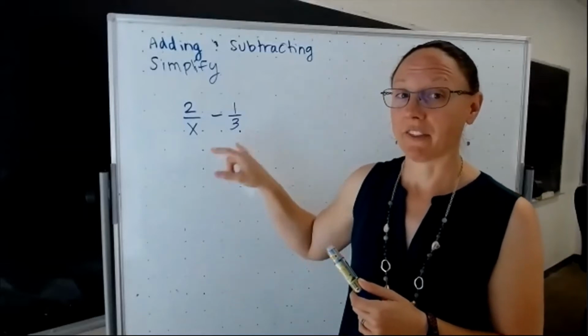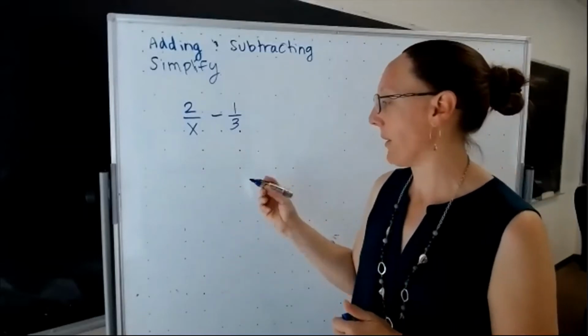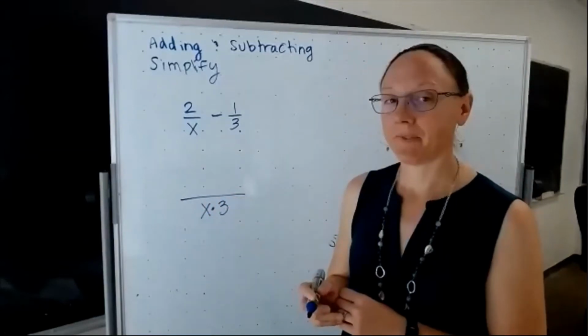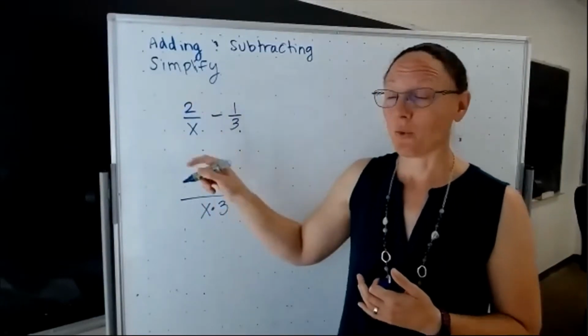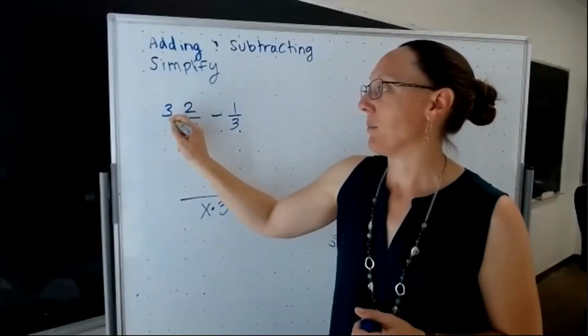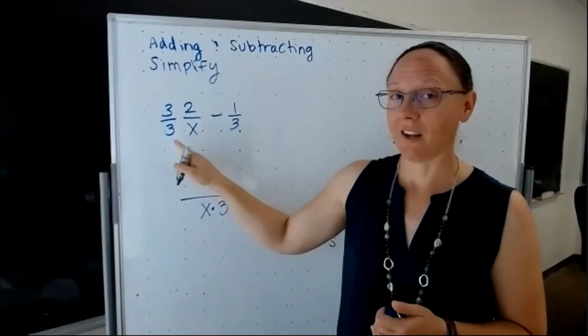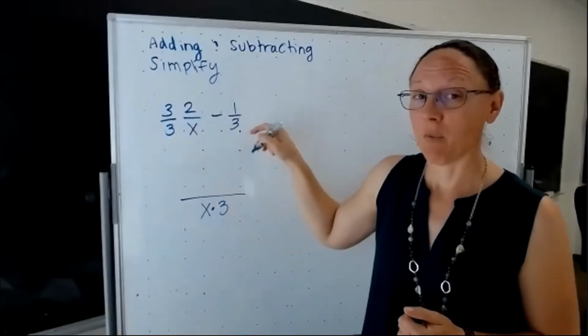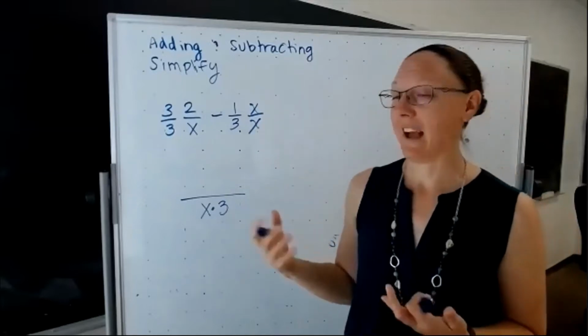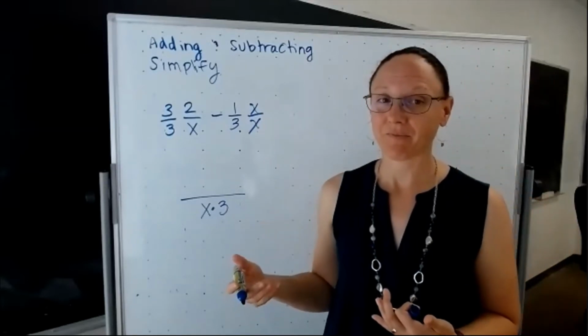So here, if I think about wanting my common denominator to be x times 3, that means that the 2 over x would need to be multiplied by 1 in the form of 3 over 3, and 1/3 needs to be multiplied by 1 in the form of x over x.